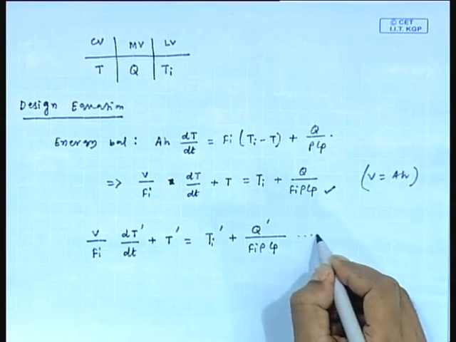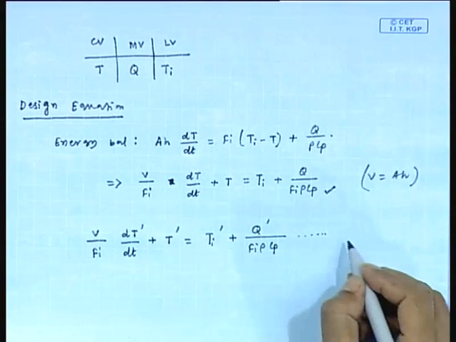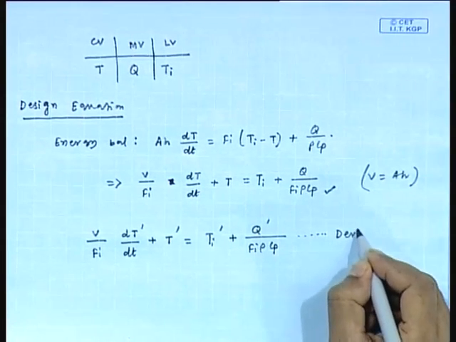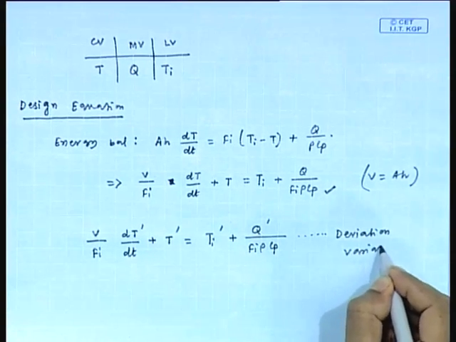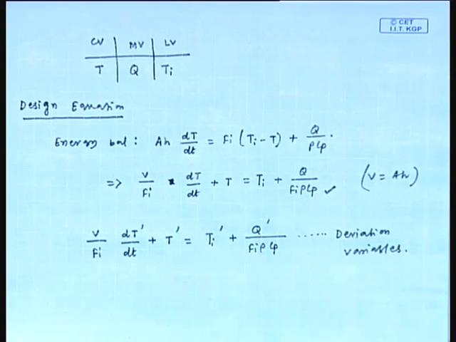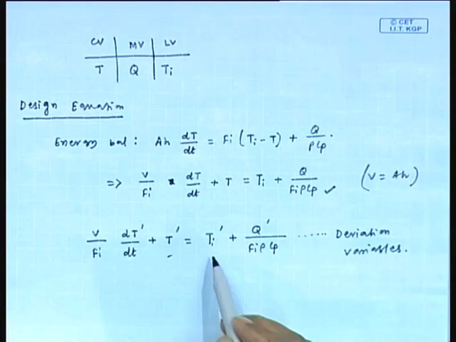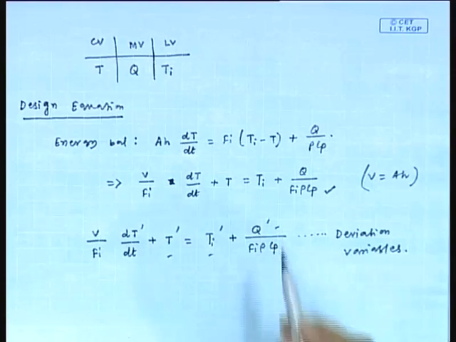This equation is written in terms of deviation variables. Fine. Here 3 deviation variables are involved. One is T, Ti and third one is Q.